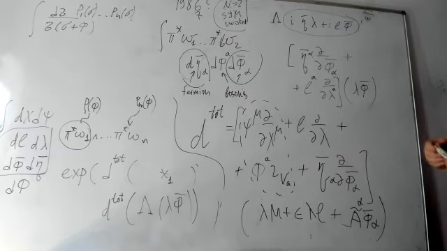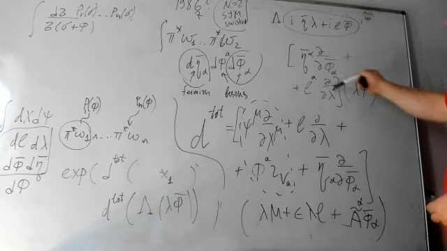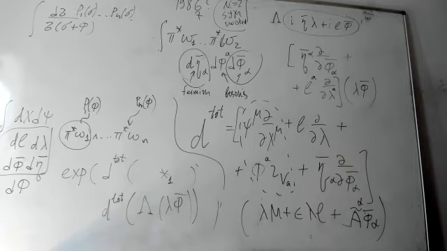So what you have here is a kind of pairing between A's and alphas. The number of these fields is the same.